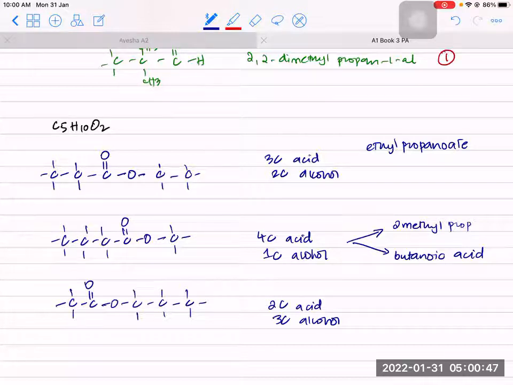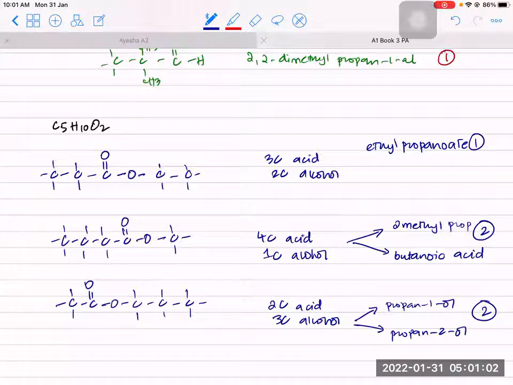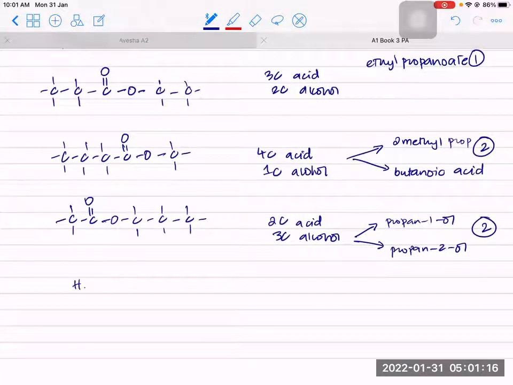A 3-carbon alcohol can be propan-1-ol or propan-2-ol. So these will again give you 2 different esters. One with propan-1-ol and ethanoic acid, one with propan-2-ol and ethanoic acid. Clear?